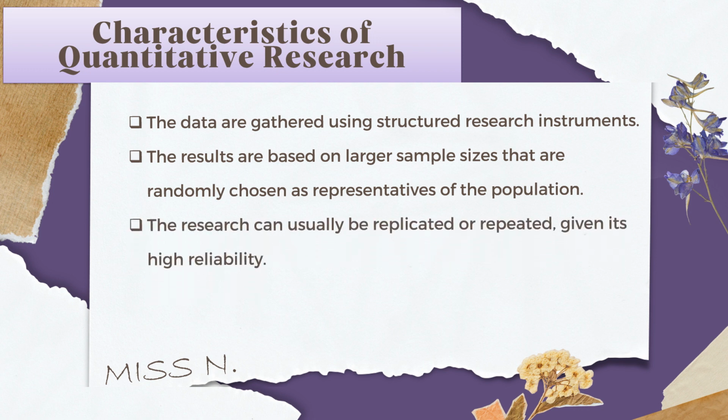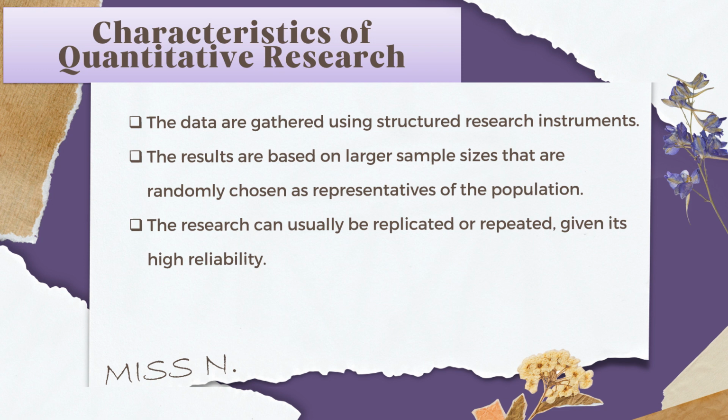The research can usually be replicated or repeated given its high reliability. Again, replicated is one of the characteristics of research. It can be done, but in a different setting, given its high reliability.